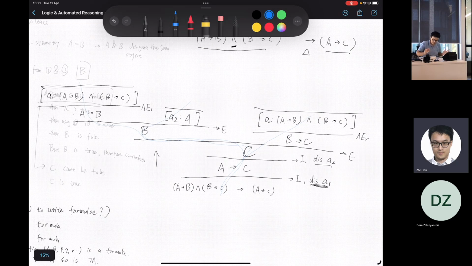So there are three branches in this tree, and all three branches are closed. They're closed because I've discharged the assumption. So there's a line on top of every branch, and that completes the proof. Right. So now we can conclude that the formula is valid. We found the proof.